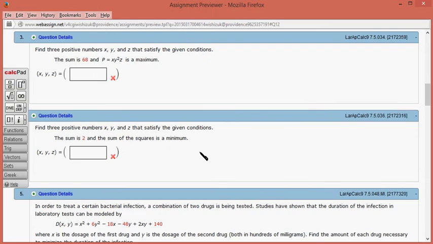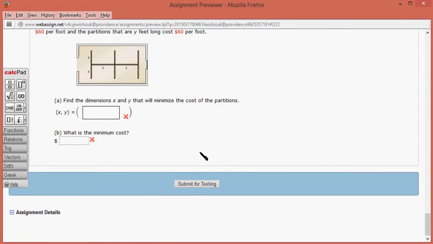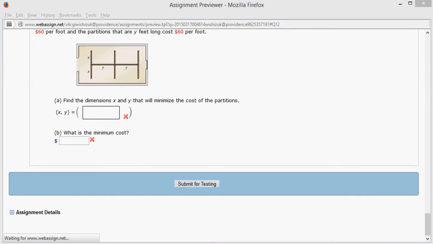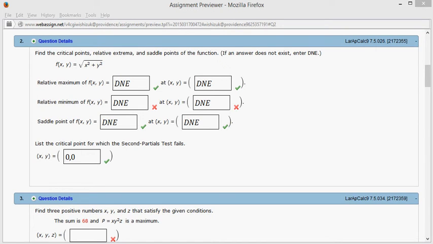Alright, so let's check the answer. Submit for testing. It came back, and I got the one wrong. It says that the relative minimum should be there. So let's step back and think about it. We have this critical point 0, 0, which is the origin, and would that be a relative minimum?